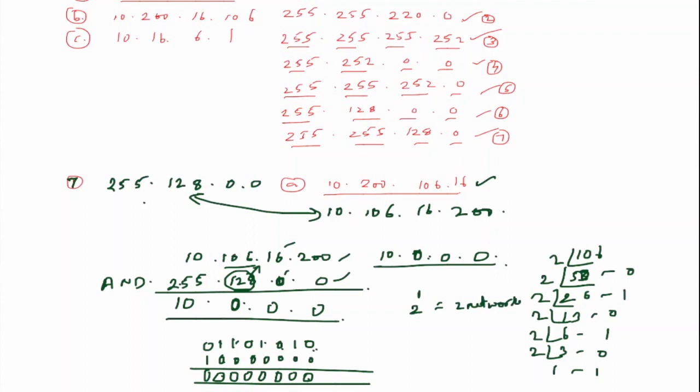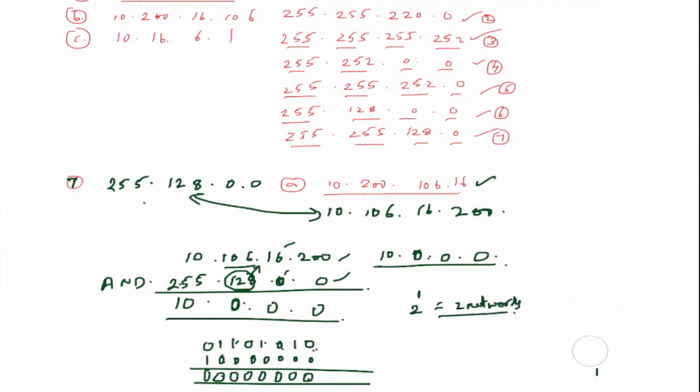So what is the other network ID? We will see here. 10.0.0.0 is one network ID. The other network ID is the default one, and another is 128.